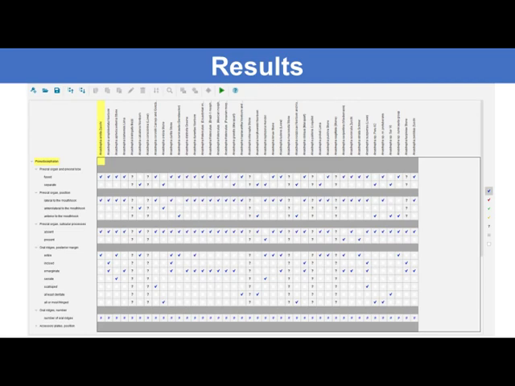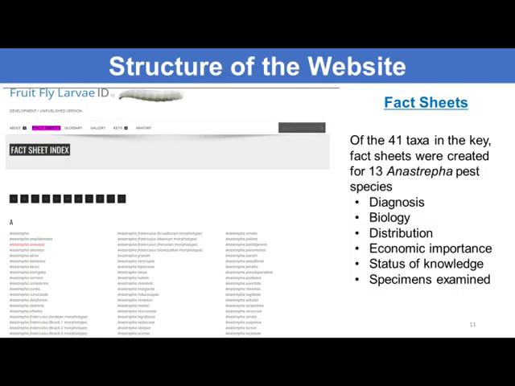One of the results we have is a data matrix built using Lucid Builder version 4. You can see here we have all the characters and character states across the different taxa. This key will be hosted at the USDA APHIS Identification Technology Program, and it will have some good components.